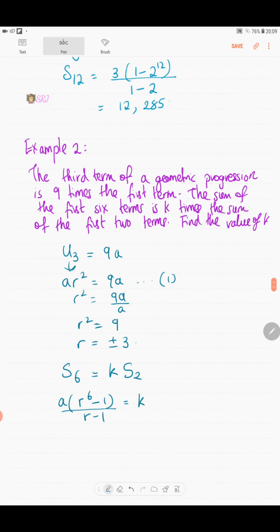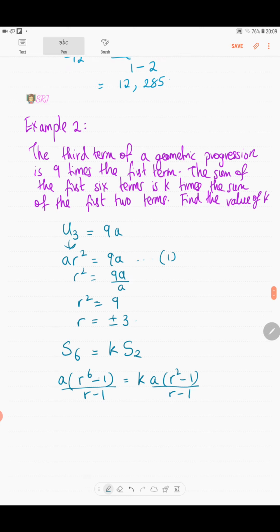This is equal to k times S2. Sum of the first 2 terms is a into r square minus 1 over r minus 1. Or we can use the alternative form, that is 1 minus r power 6 over 1 minus r, and here also 1 minus r square over 1 minus r. We will obtain the same answer.